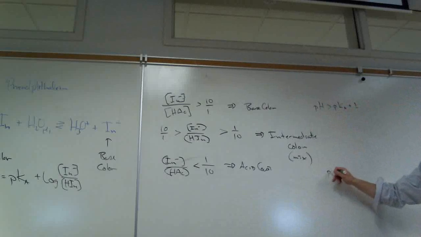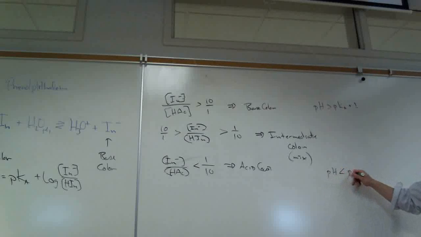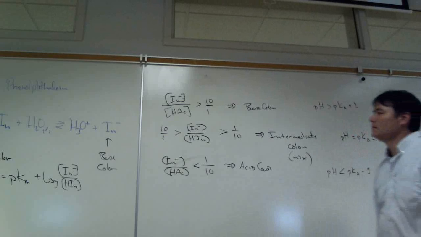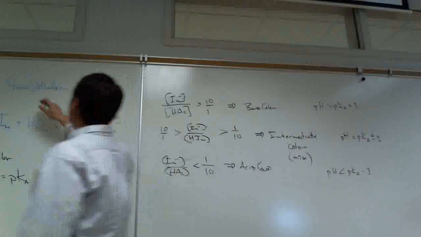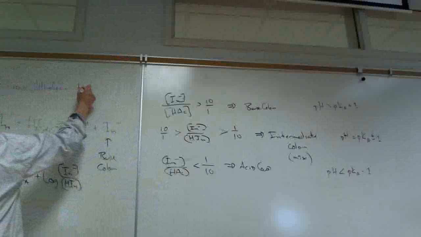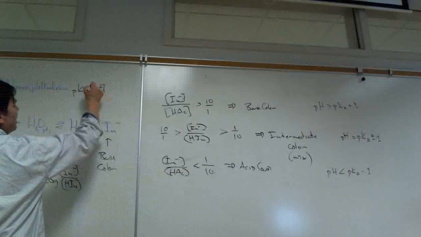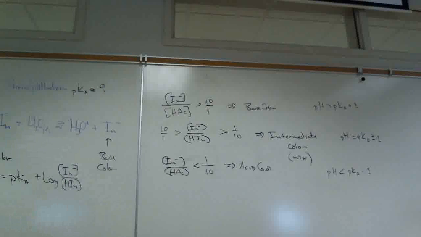The acid color dominates when the pH is less than the pKa minus 1. And then the intermediate color is going to happen when the pH is equal to the pKa plus or minus 1. And so what is the Ka for phenolphthalein? Well, the Ka for phenolphthalein, or the pKa, well, let me just write the pKa. pKa is about 9 for phenolphthalein.